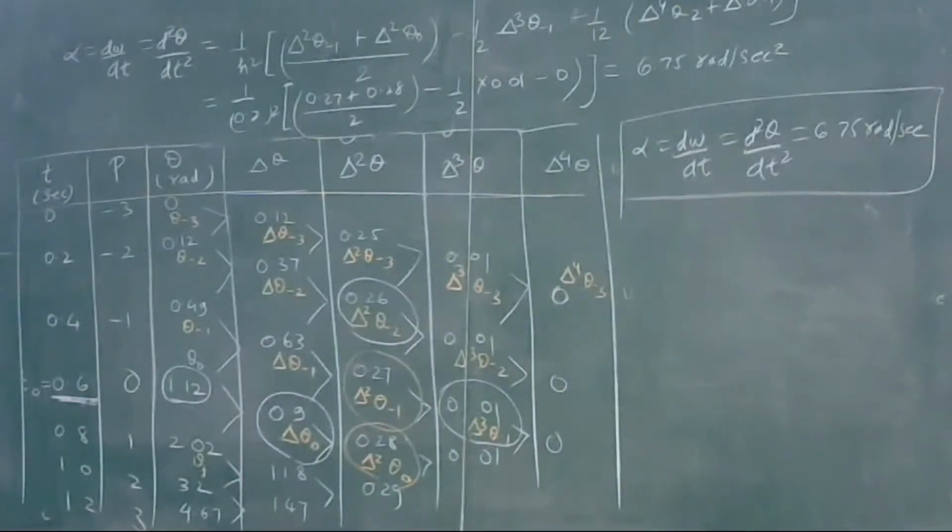So this is all about derivatives using central difference formulas, which are Stirling's difference formula and Bessel's difference formula. So where to apply these formulas? When you have to find the derivative at the middle of the table. Any doubt in today's class, you can ask.